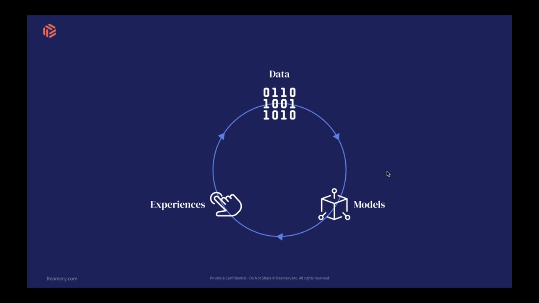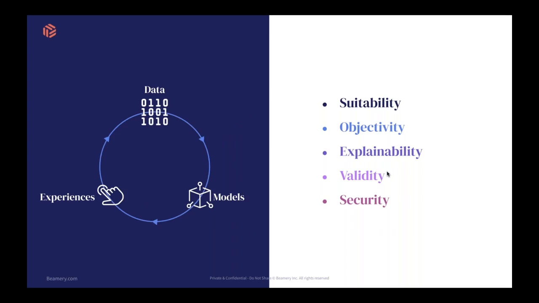If you're asking all of those questions about suitability, objectivity, explainability, validity and security about all these three steps, then you're covered. You are going to be comfortable in the belief that you've covered all of the questions that might uncover some risks that you haven't thought about before. So thank you for talking us through that.